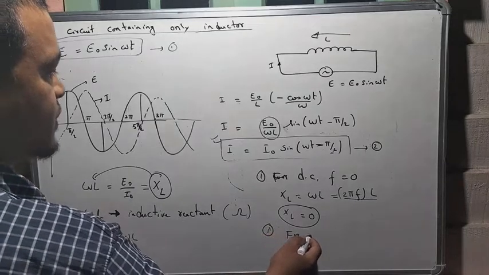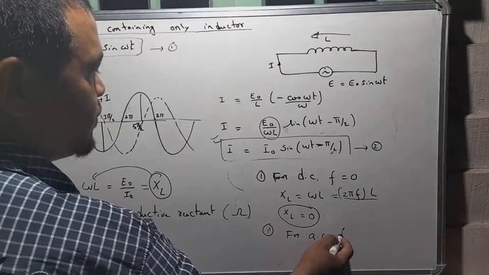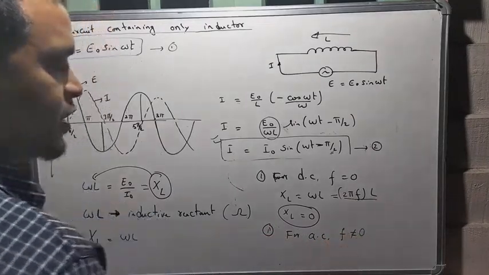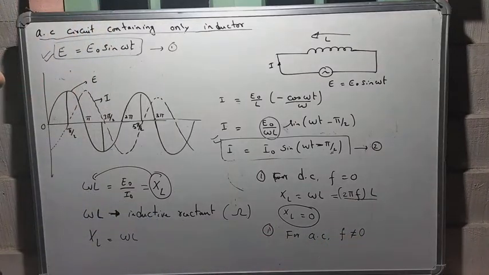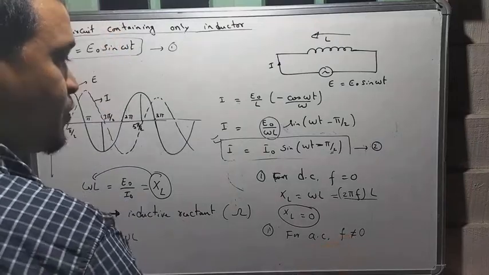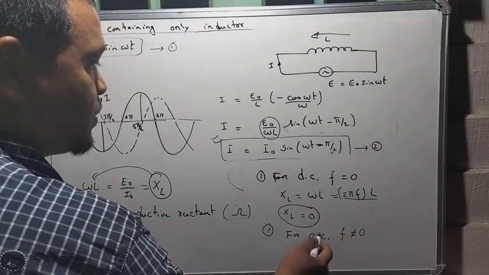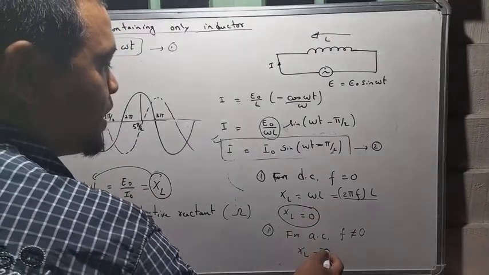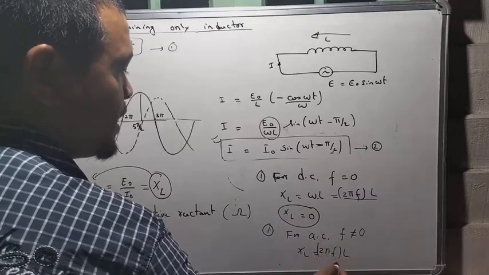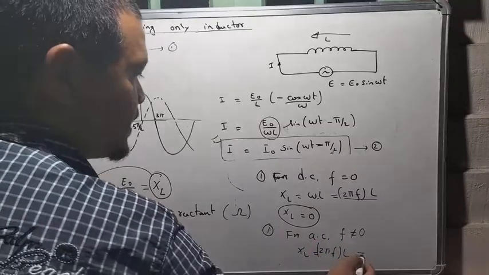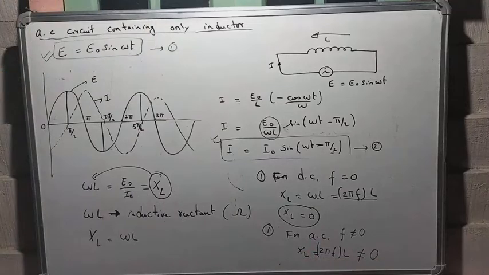Okay. Now, what about for AC current? For AC current, we know f cannot be 0. There must always be some frequency. So because f is not equal to 0, my XL will be equal to how much? 2 pi f times L. As f is non-zero, XL also is non-zero. So when XL is non-zero, what does it mean?